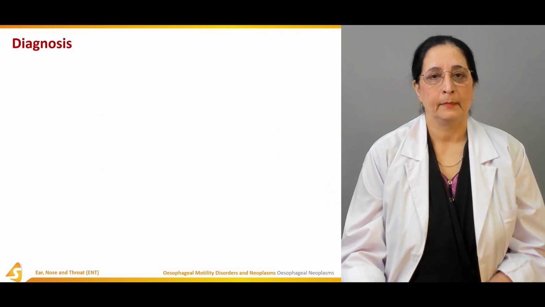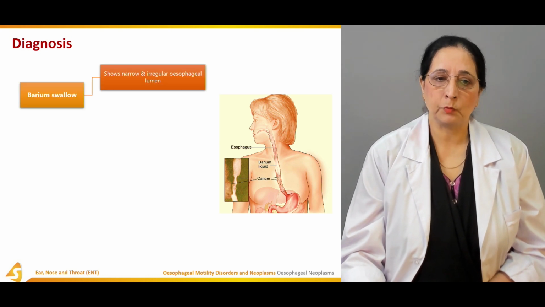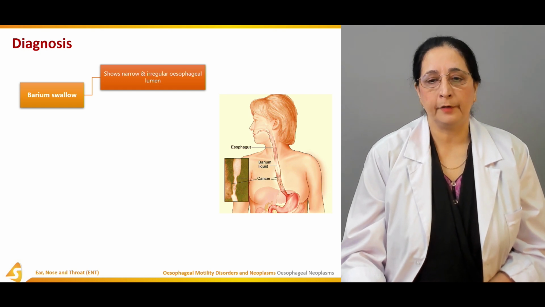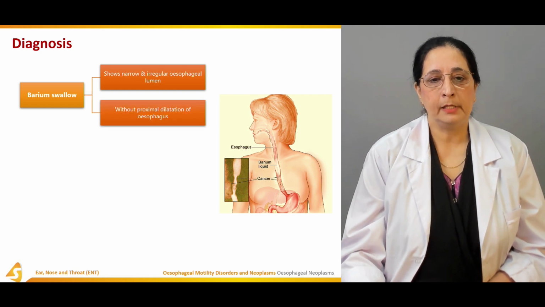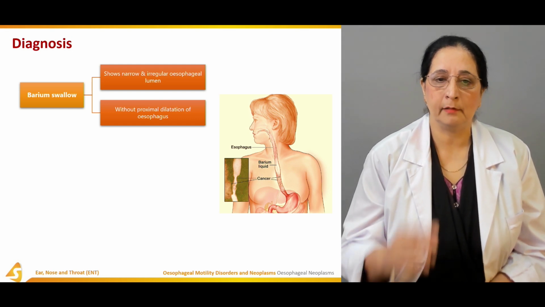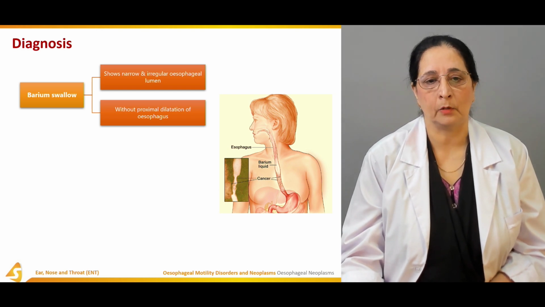serious effects. For diagnosis of the cancer, barium swallow shows a narrow and irregular esophageal lumen without proximal dilatation of the esophagus. So there is swelling present in the esophagus.